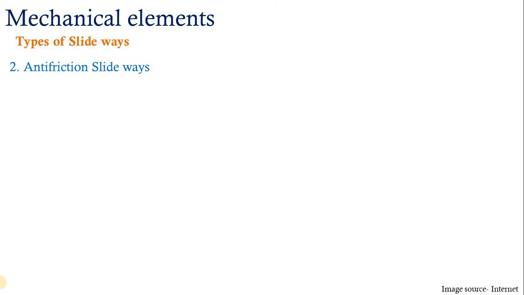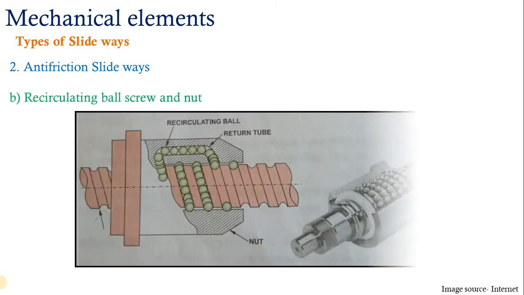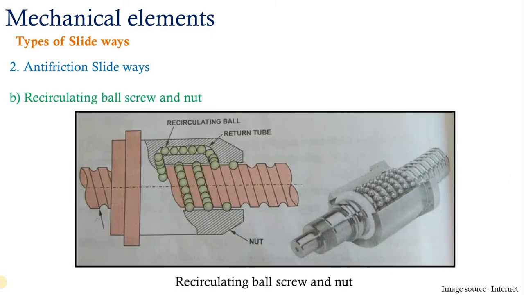Then again, this anti-friction slideway has another type, that is recirculating ball screw and nut. In that image you can see the recirculating ball screw and nut. The balls rotate between the screw and nut. It converts the sliding friction into rolling friction. Ball screws are primarily employed in the feed mechanism of CNC machine tools.